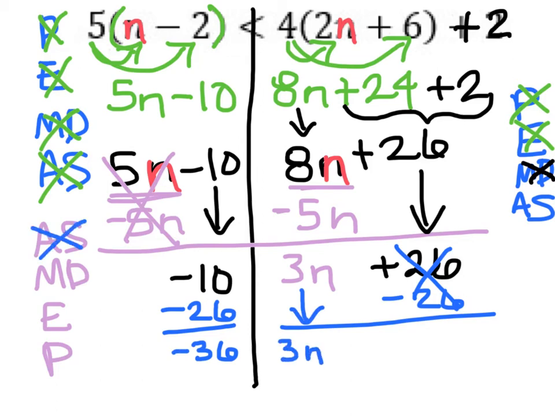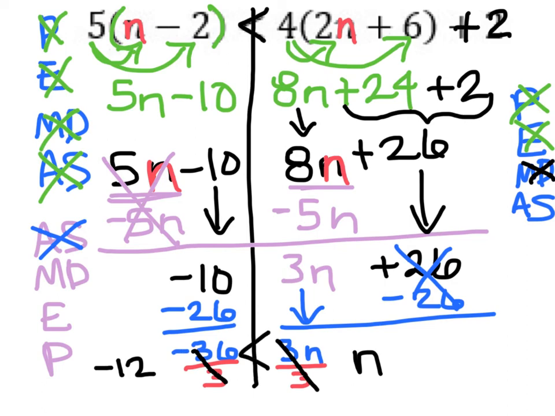We're done with our adding and subtracting, but we do have a multiply. 3 is multiplied by n, so we will reverse that by dividing both sides by 3. We'll have an n left on the right-hand side, and a negative 12 left on the left-hand side. We did not multiply or divide by a negative, so our sign just comes straight down.